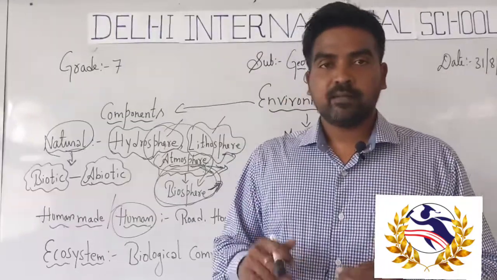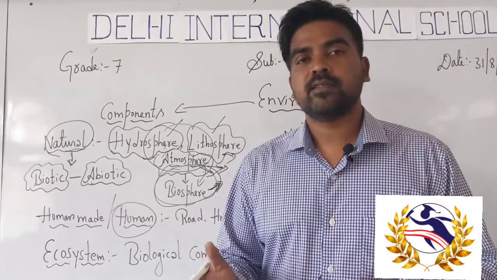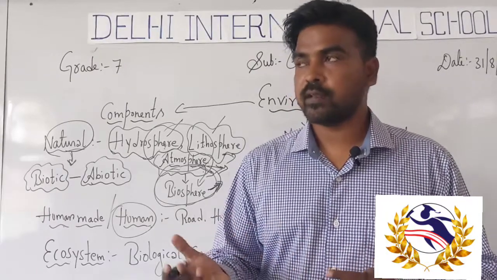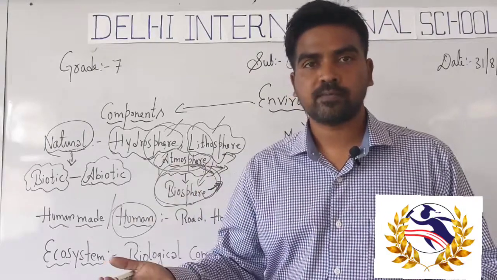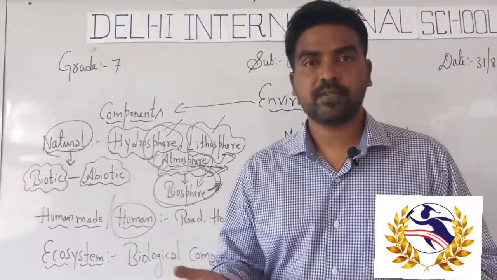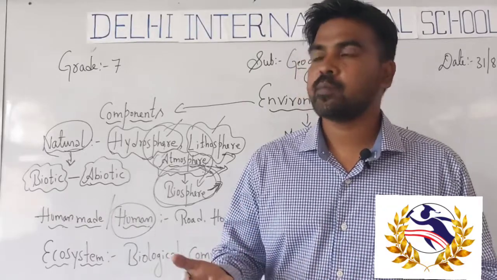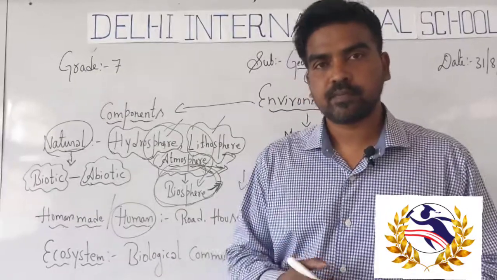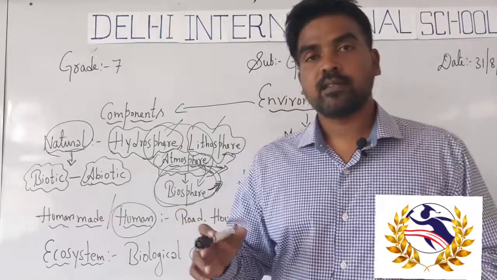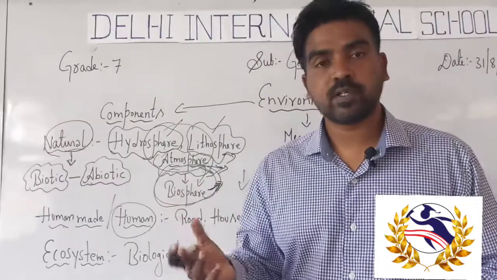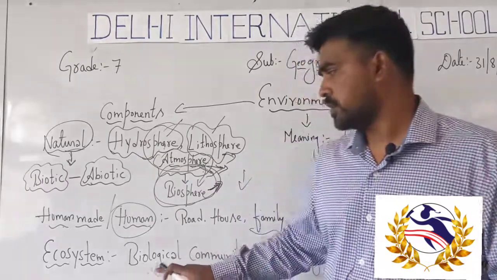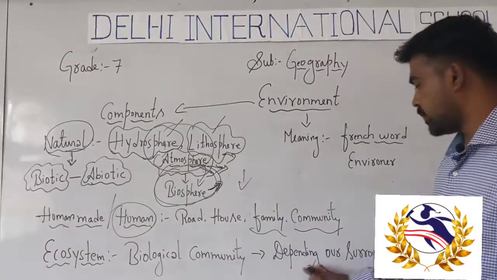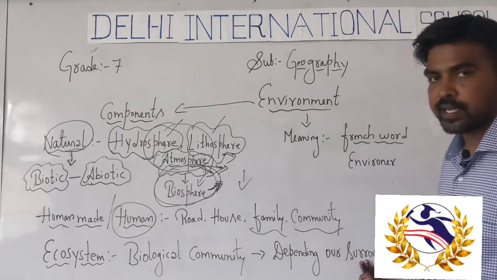Our interaction, the human and his interaction, in which landform we are leading our life, our lifestyle, the type of food we eat, the crops we grow. All those things are known as depending on our immediate surroundings.